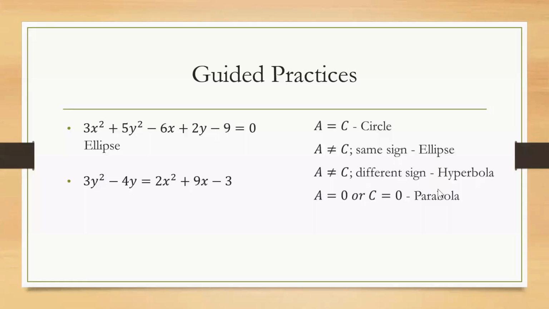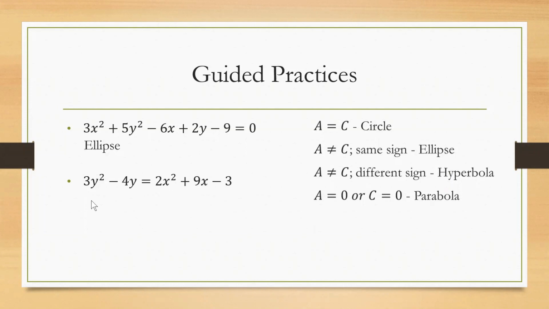3y squared minus 4y equals 2x squared plus 9x minus 3. So basically, we have to first look at, again, the A and C coefficients. But here the equation is not in the general form.